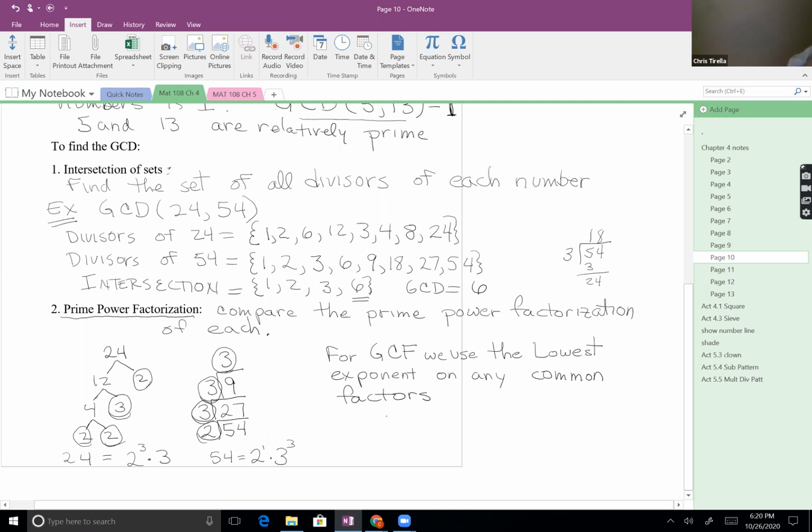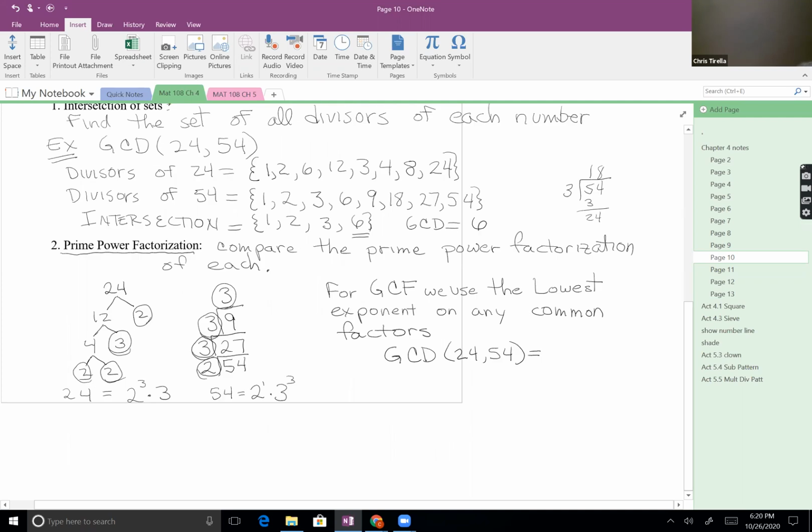So for the greatest common divisor, or greatest common factor, of 24 and 54, when I look at their prime power factorizations, they both have factors of 2 and 3.